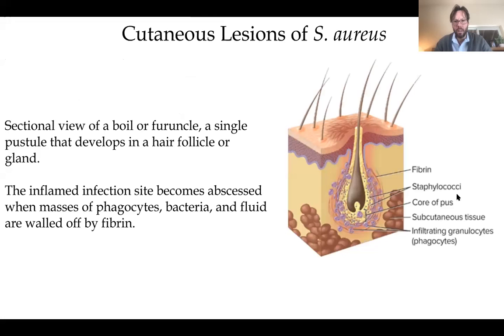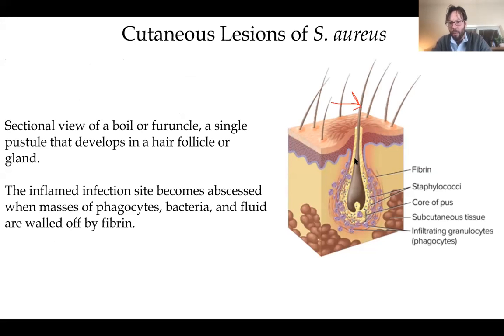So Staph aureus, this is looking at a cross section of the skin. And here we see that there is the hair follicle. And let's get to my drawing. All right, here's the hair follicle right here. And well, that's the hair, but the hair follicle is down here.